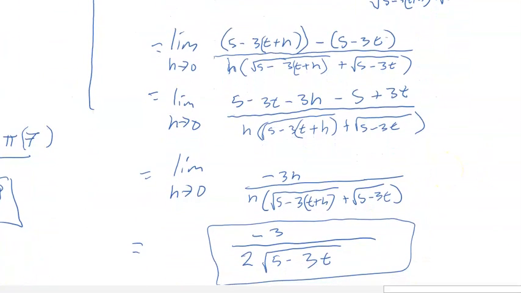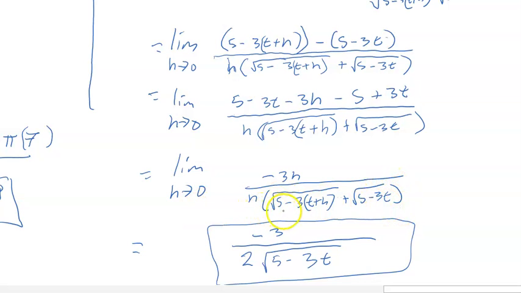Notice in our numerator, a plus 5 undoes a minus 5, and a minus 3t undoes a plus 3t. So what we're left with in the numerator is just negative 3h. So we have the limit as h approaches 0 of negative 3h all over h times parentheses radical 5 minus 3 parentheses t plus h plus radical 5 minus 3t.